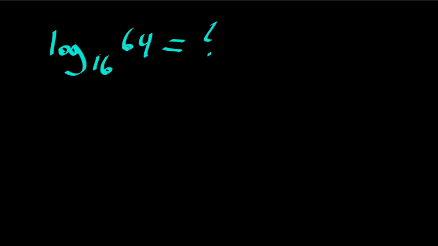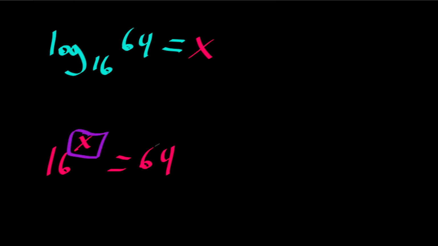Because if I just tried to eyeball this and say, okay, 16 to what power gives me 64? Off the top of my head, I don't really know what that would be, so let's write it out. 16, once again, let's set this equal to x. 16 to the x equals 64. So now we can get a pretty clear picture: I need 16 to a power to give me 64.